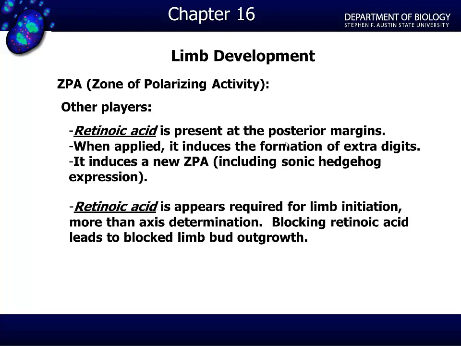Now, retinoic acid, much like FGF in this case, may also be able to initiate the formation of a limb, certainly as we talk about forming the ZPA. But what we also see is that if we block retinoic acid, and specifically we prevent retinoic acid from binding to its receptor, we are going to prevent the outgrowth of the limb bud.